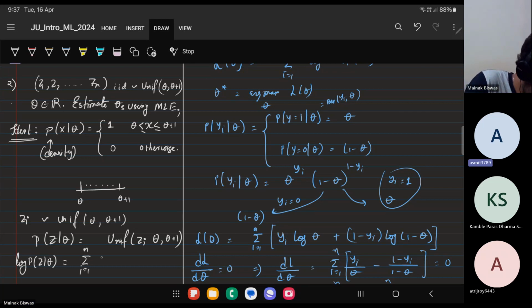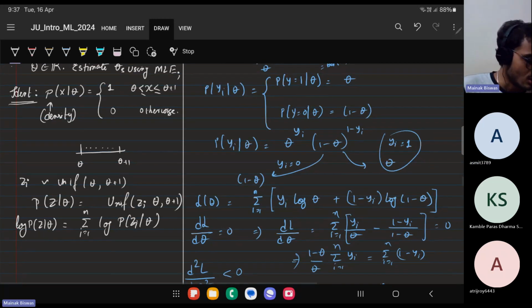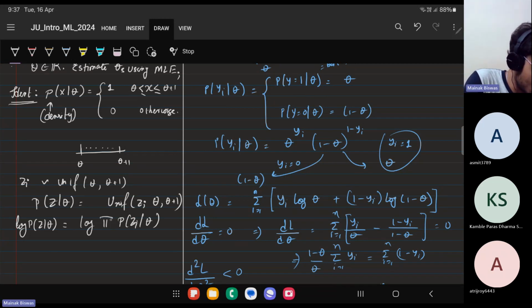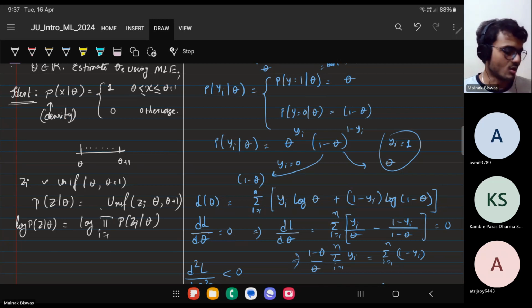The summation of log of probability zi given theta. For the time being, let's keep the log outside. I'll tell you why. It will be easier to calculate.